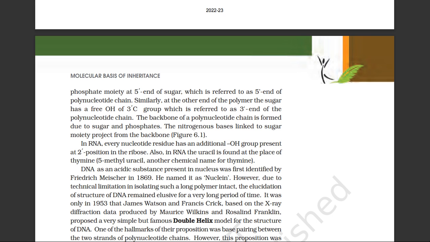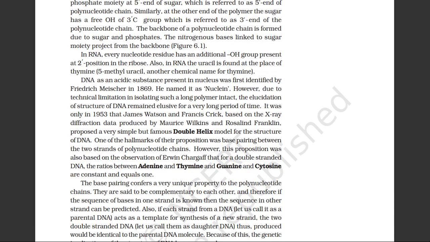The nitrogenous bases linked to sugar moiety project from the backbone, figure 6.1. In RNA, every nucleotide residue has an additional OH group present at 2' position in the ribose. Although in RNA the uracil is found at the place of thymine, 5-methyl uracil is another chemical name for thymine.